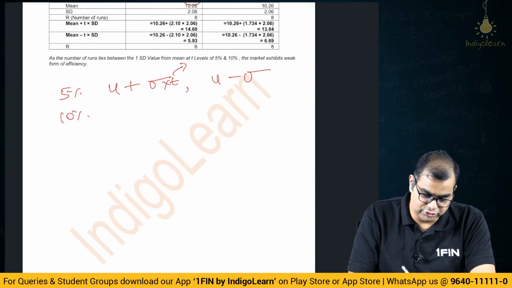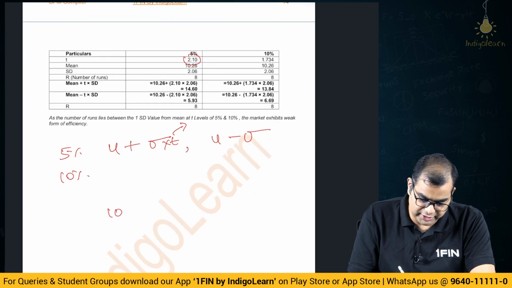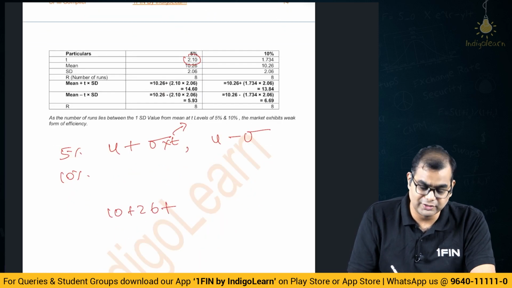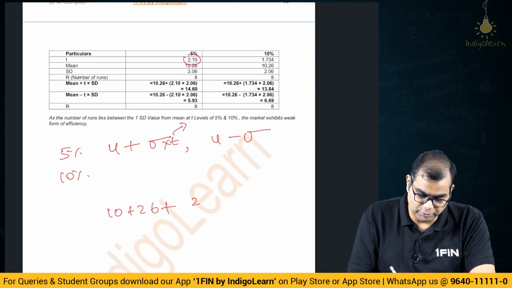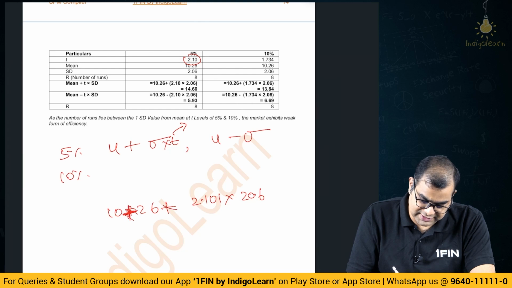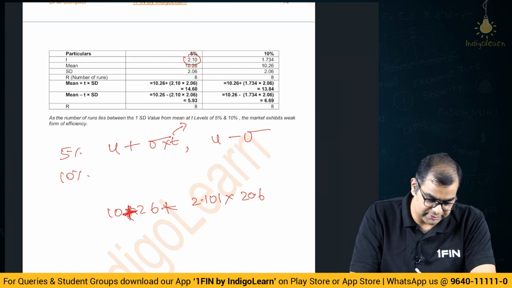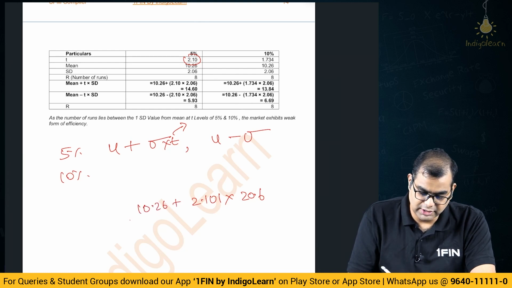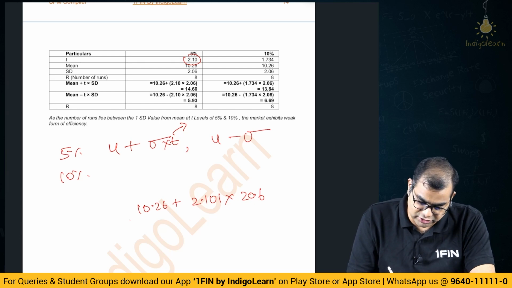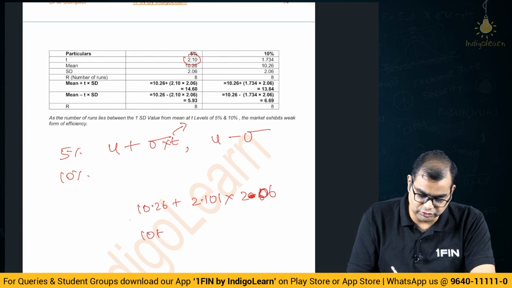2.101. So, what you do is, mean is 10.26 plus 2.101 into the standard deviation 2.06, and 10.26 minus 2.101 into 2.06.